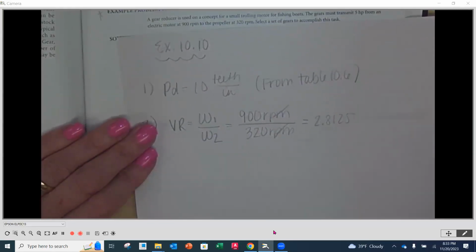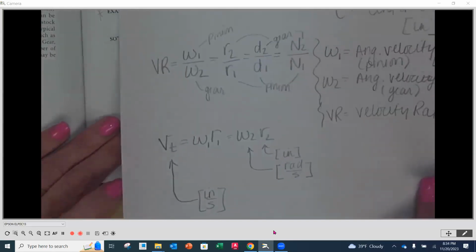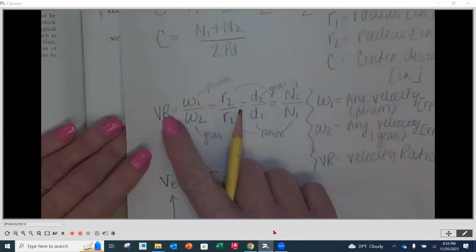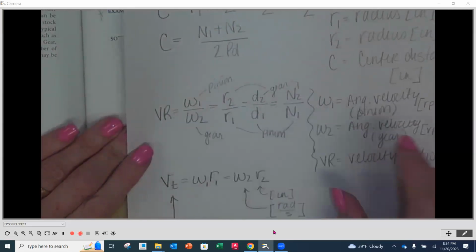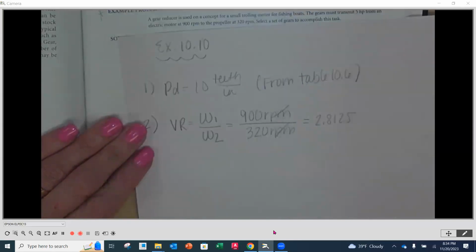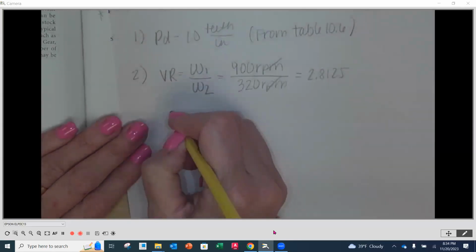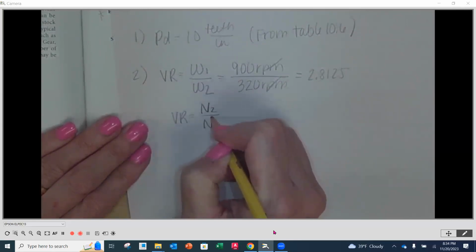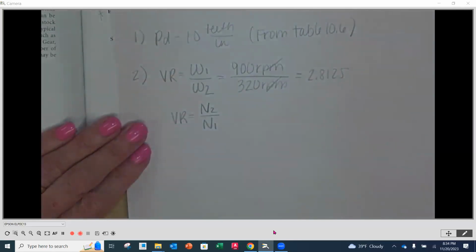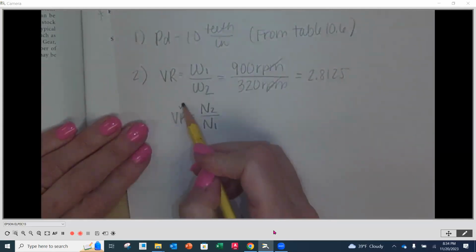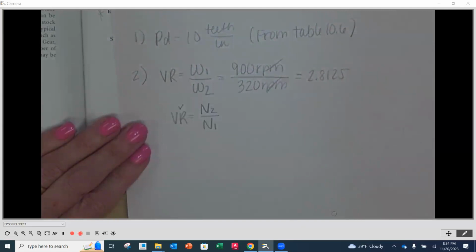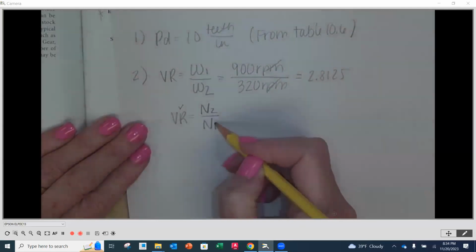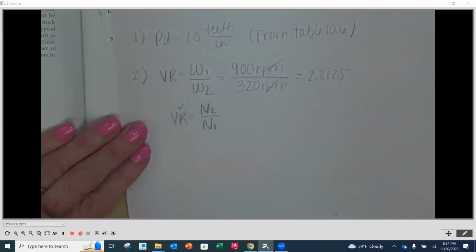Now, we also know that our velocity ratio equals the number of teeth on our gear divided by the number of teeth on our pinion. So we can say velocity ratio is equal to N2 divided by N1. Now, we know what the velocity ratio is, but we want to figure out the appropriate numbers that we can use here.